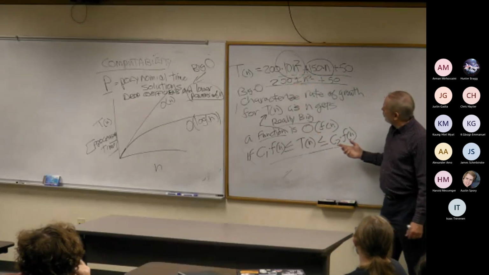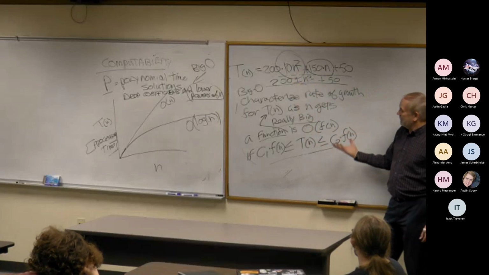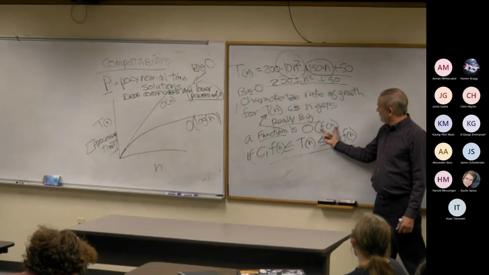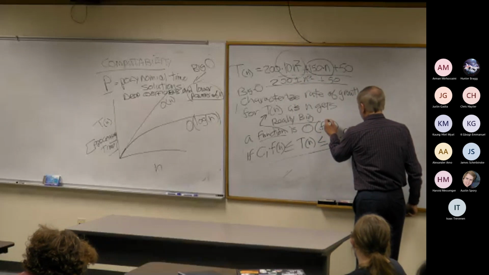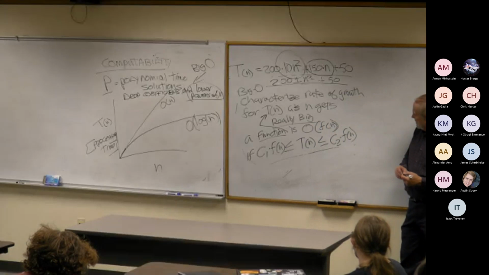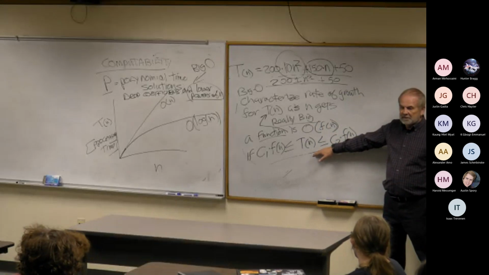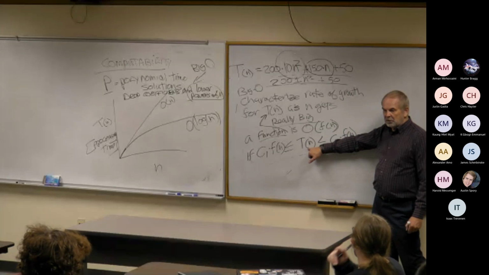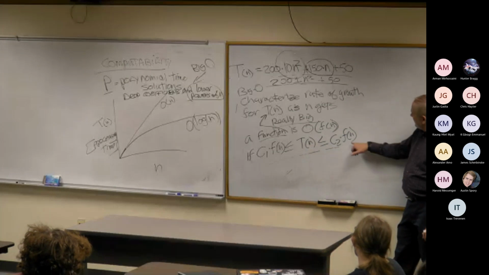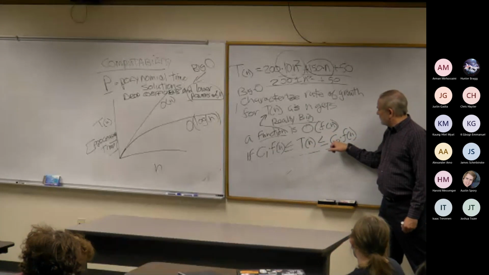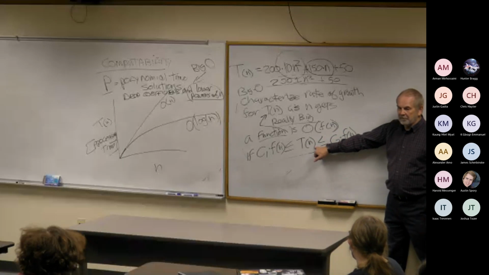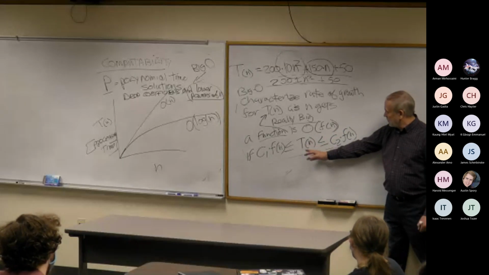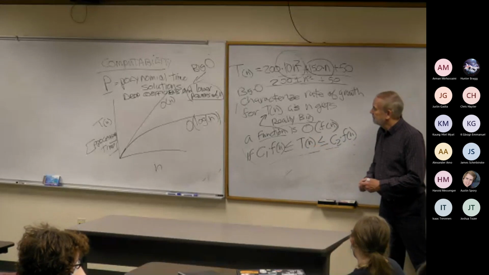Pick the highest order, highest degree of n as your f of n, then this will be true. So if this has the highest order of n cubed, if you make this n cubed, then you can always find a coefficient big enough to apply on the front of n cubed that it'll be an upper bound for that actual theta.